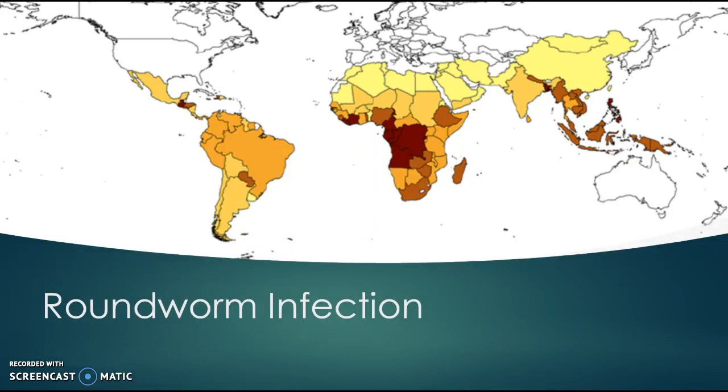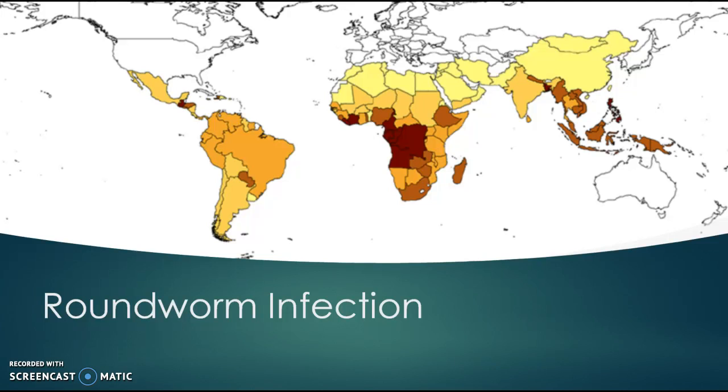So this is a global map showing roundworm infections. Roundworms are just the family that pinworms fall underneath. And as you can see, roundworm infections are most prevalent in developing countries. Over here in Africa, you see the highest prevalence of roundworms, and among roundworms, pinworms are one of the highest causes of infection.